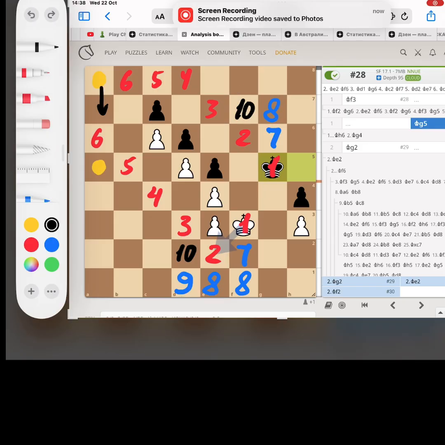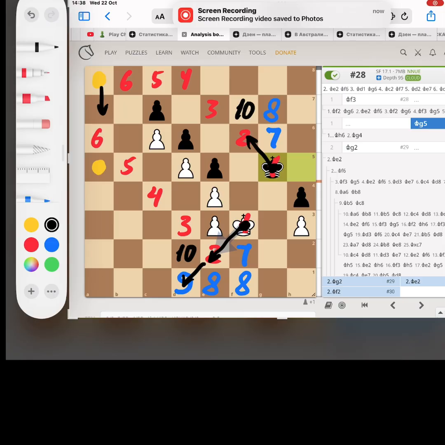For that, I stay on 1 and black stays on 1. So I move to 2. Black also moves to 2. And now I move to the special square 9. I move to my unique square 9. And black has no square 9.